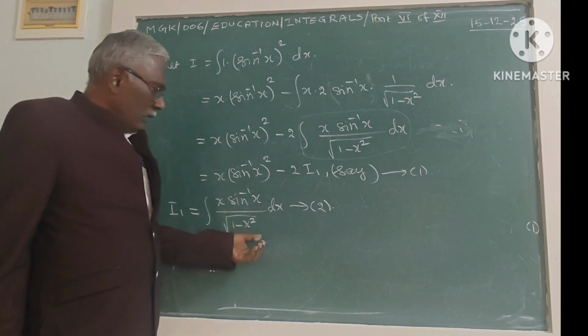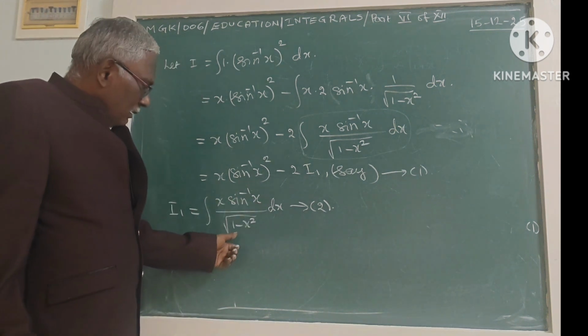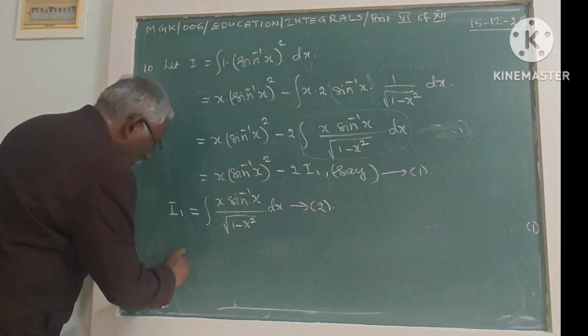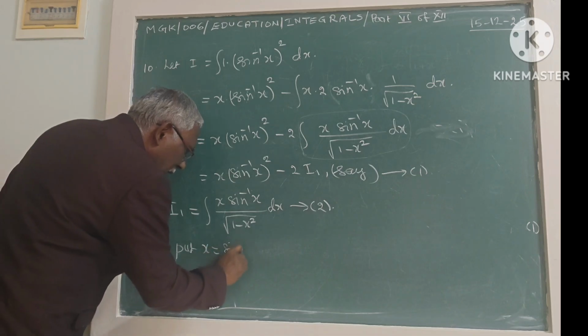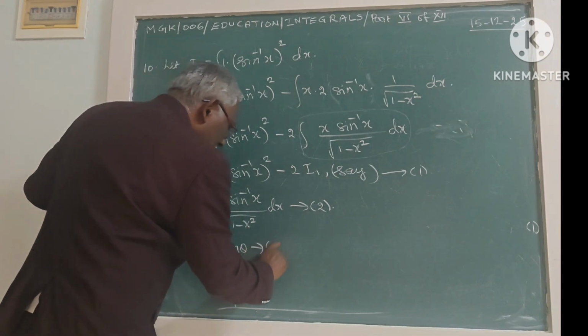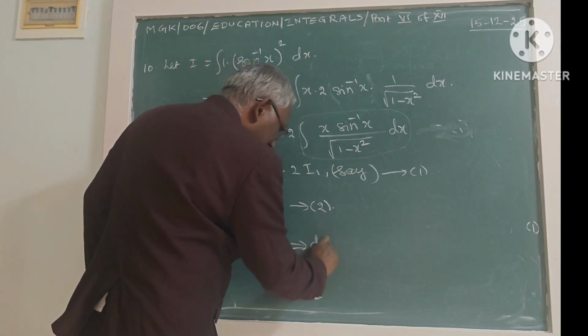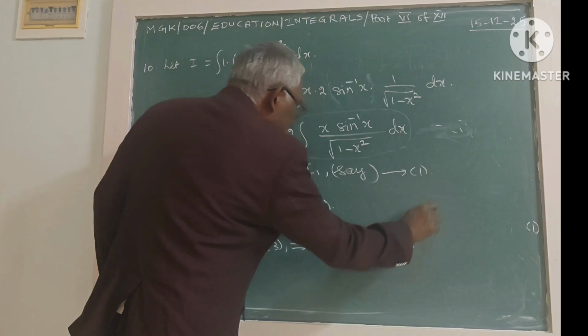How to proceed further? We have to make the denominator a single term, once by substituting x is equal to sin θ. So put x is equal to sin θ. This gives dx is cos θ dθ.